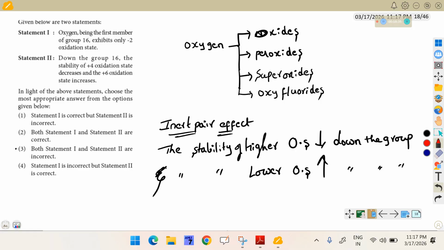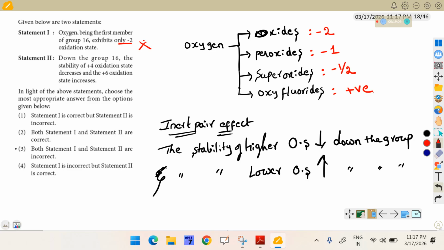Next question. Statement 1: Oxygen being the first member of group 16 exhibits only -2 oxidation state. Wrong. Why? Oxygen in the form of oxides exhibits -2. In peroxides, it exhibits -1. In superoxides, it exhibits -1/2. In oxyfluorides, it exhibits a positive oxidation state.